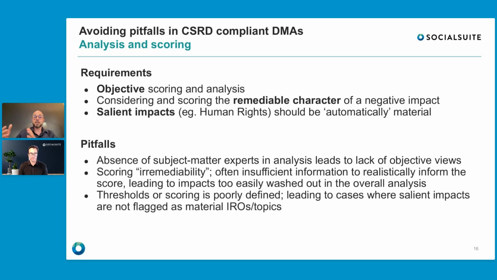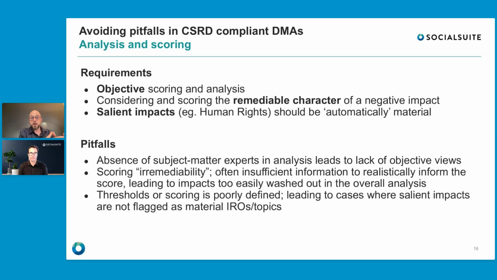If it takes 1,000 years plus for an aquifer to recharge, that has a very high level of irremediability. It's going to be very difficult for us to remediate that. So in that instance, if we have that in our supply chain, despite the scope that you may have over it, the scale or others, if you have a high level of irremediable character there, that needs to be raised as a material impact.